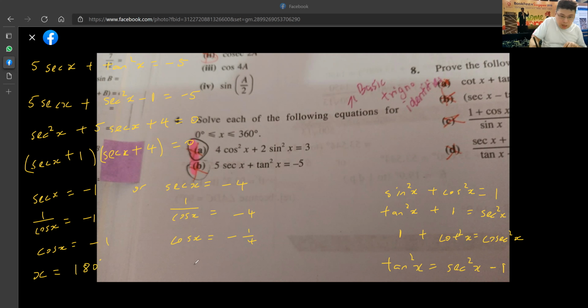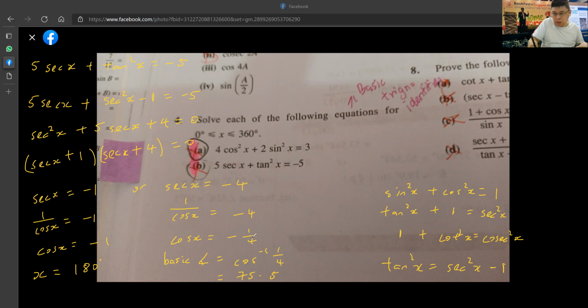Then this one, x. Okay, this one you have your basic angle. Your basic angle is cosine inverse 1/4. So cosine inverse 1/4, you have 75.5. Okay, that's your basic angle.